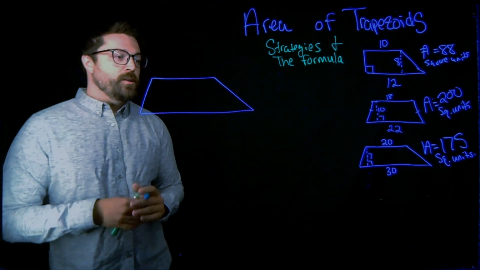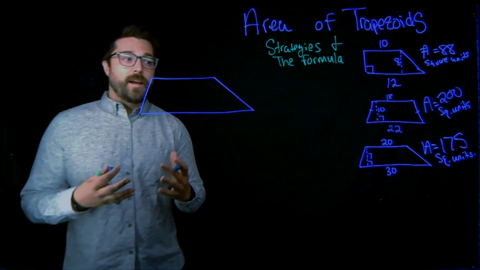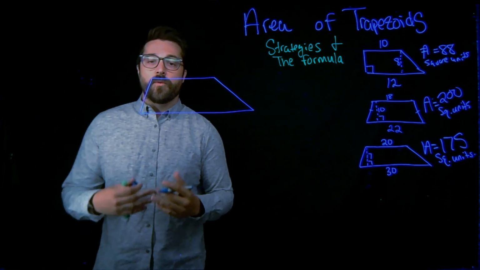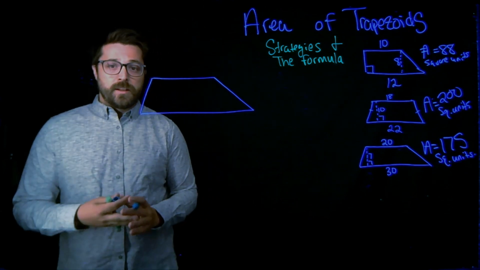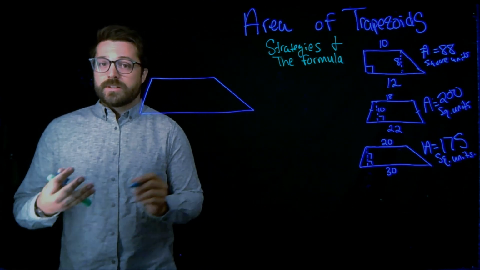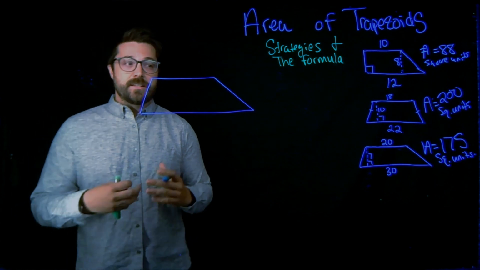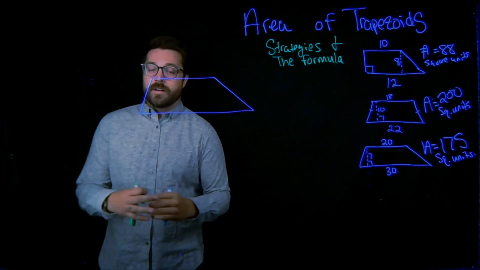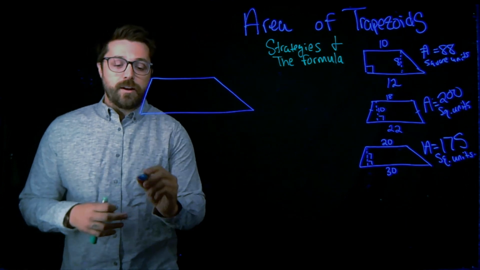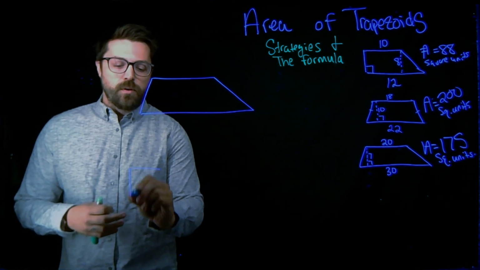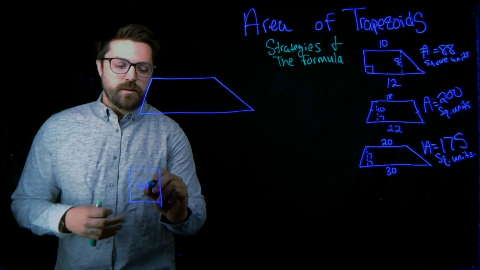And we're going to play with this and manipulate it to show where this formula comes from. Now, the only other formulas that we know are rectangles and triangles. We know, and this is derived very early on in elementary school, the area of rectangles, and then it's formalized a little later that for a rectangle, we just take the base times the height.